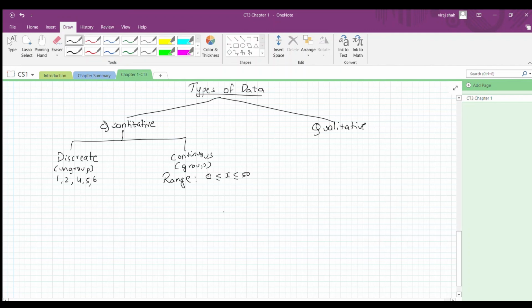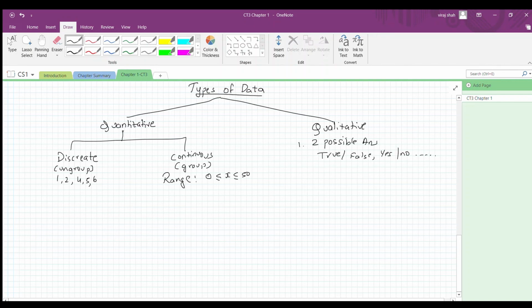And qualitative is basically classified into three types. So the first type is there are only two possible answers. So basically the possible answers can be true or false, yes or no, something like that, and so on.